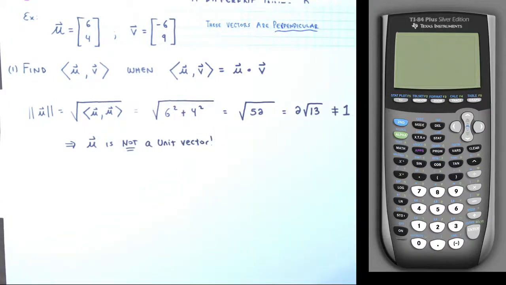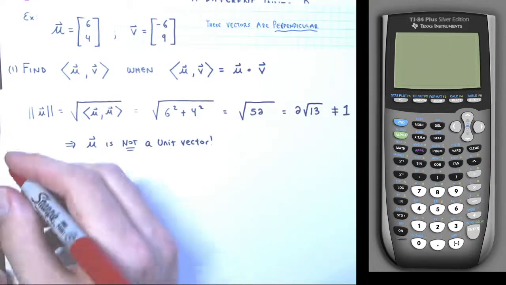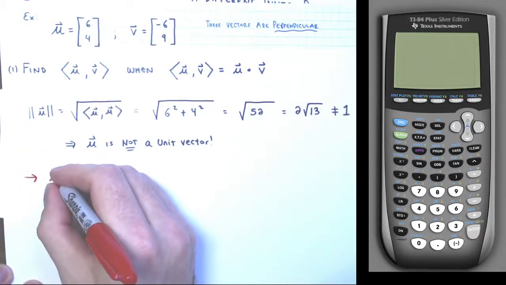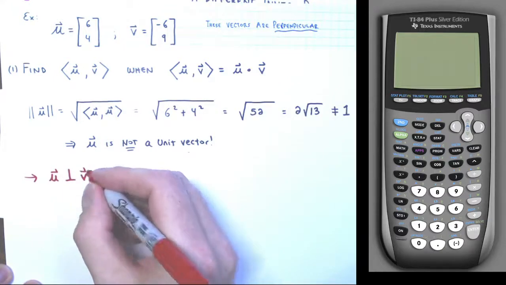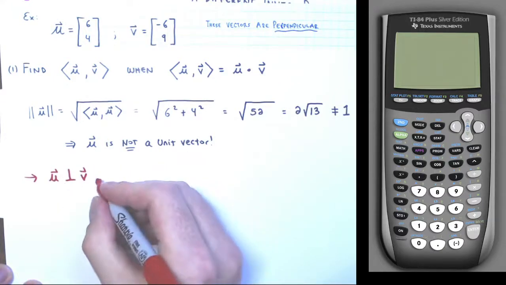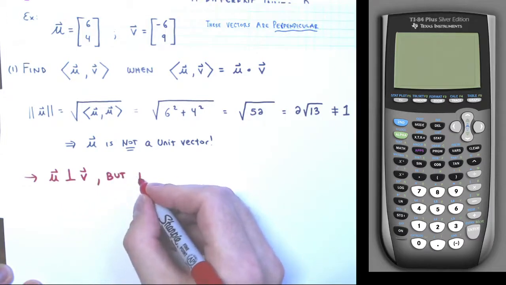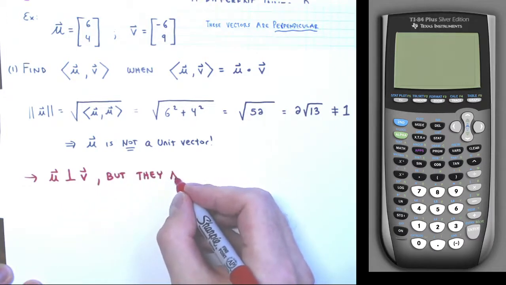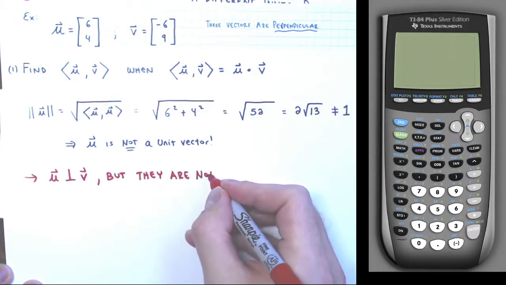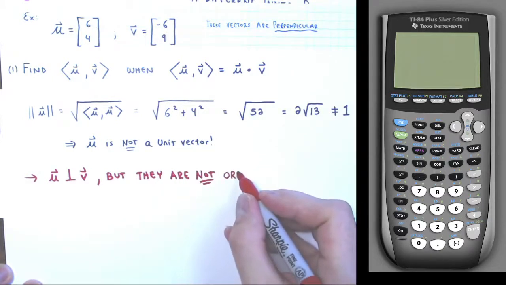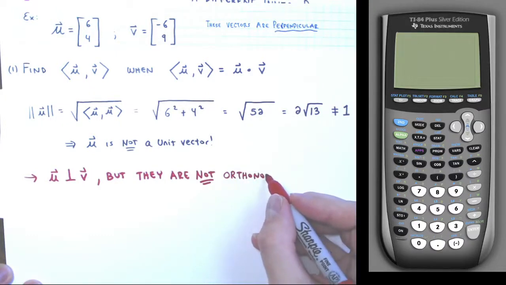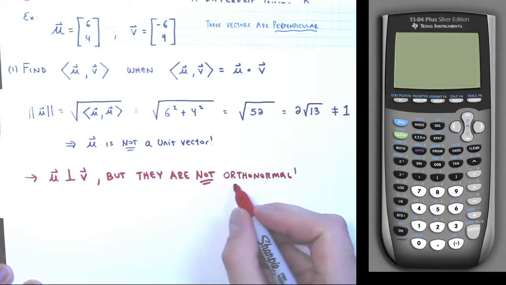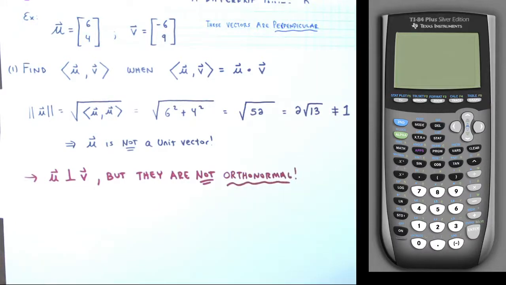And that means that u and v are orthogonal, but they are not orthonormal, because their lengths, their magnitudes, their norms are not both 1.